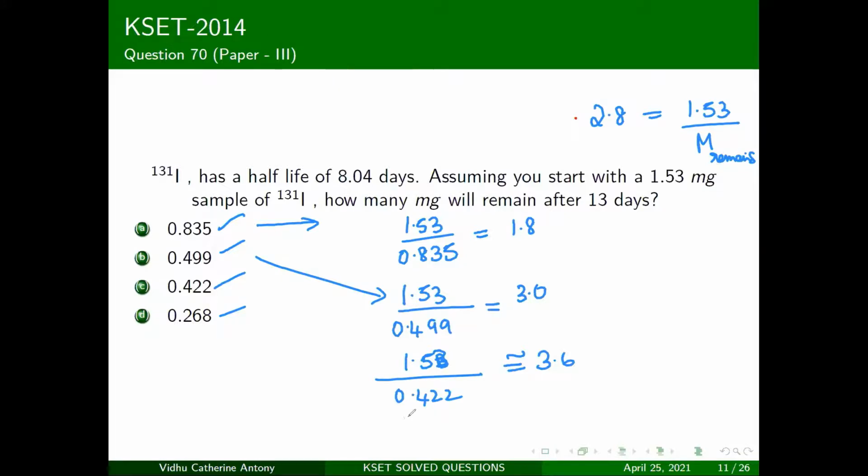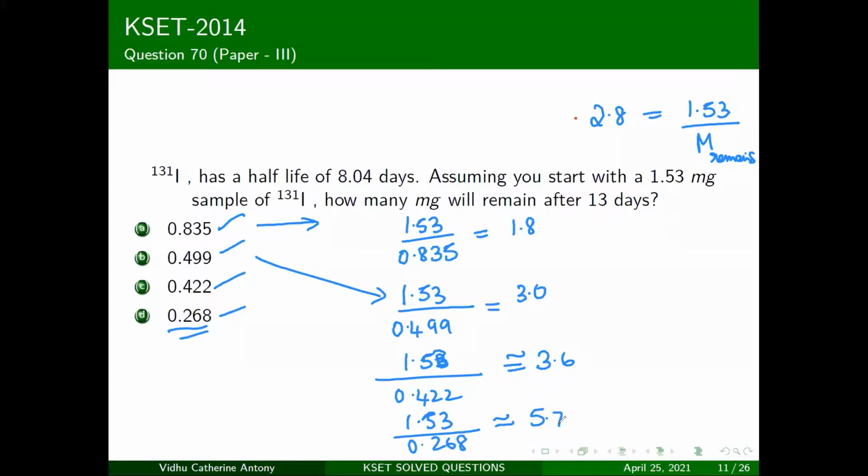And the last one, if you're looking at this pattern, basically what it's telling you is that the higher or lower the value goes, it's deviating from this 2.8, right? So 1.53 divided by 0.268 is approximately, let's say, 5.7.